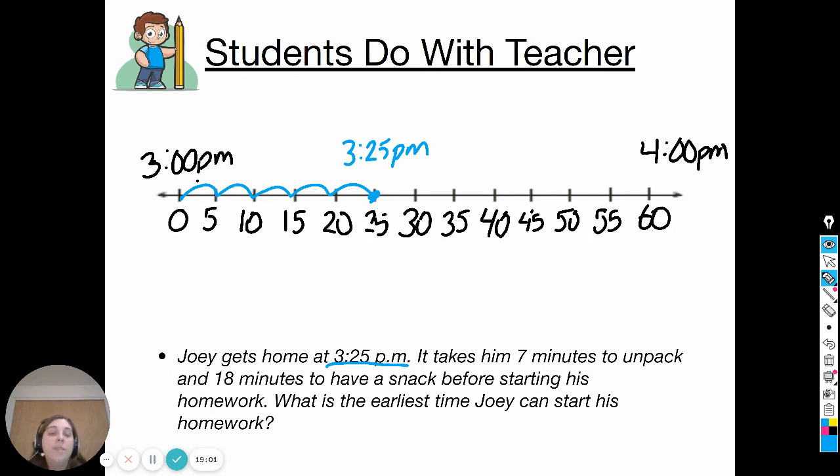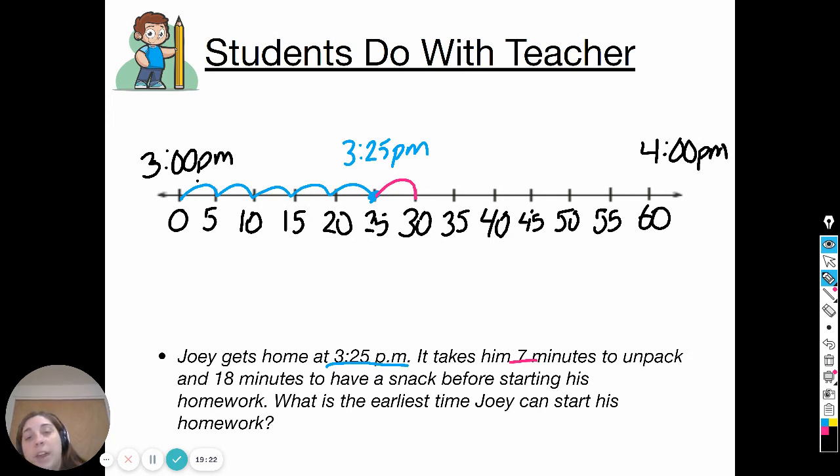Now it takes him 7 minutes to unpack. So let's find our time 7 minutes away. First, let's count by 5. Now we're going to have to count by ones, which means we're going to need those tally marks.